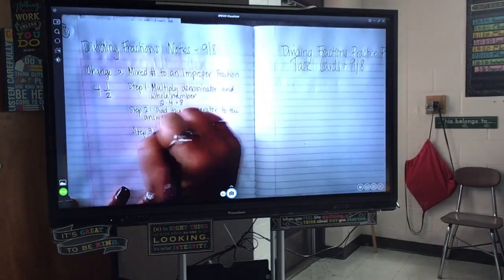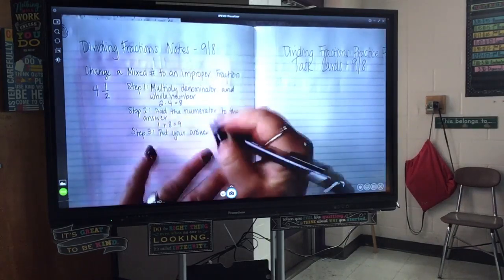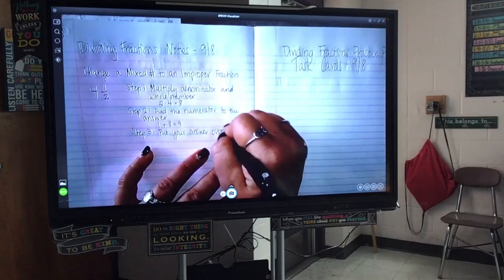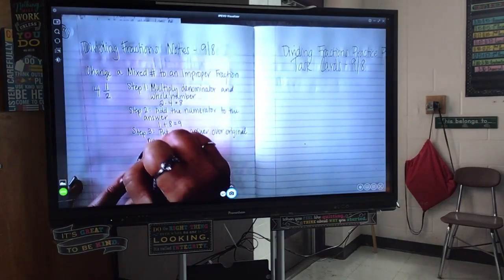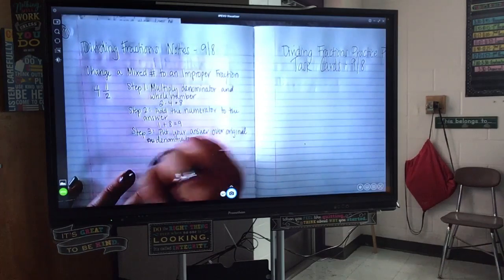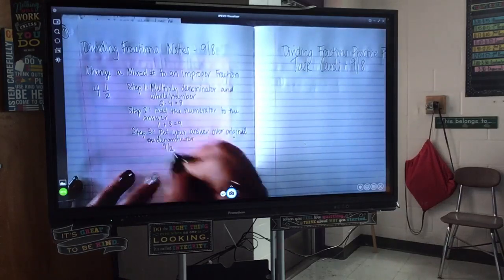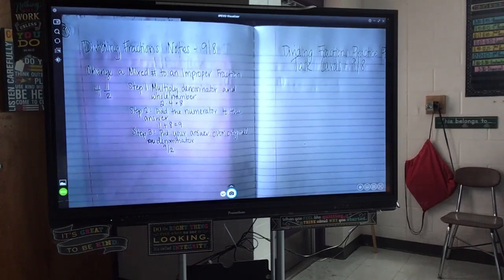So put your answer over original denominator, sorry. So then it would be 9 over 2. This is the most important thing when you're dividing, but it's also the most important thing when you are multiplying too. You cannot multiply, you cannot divide mixed numbers.